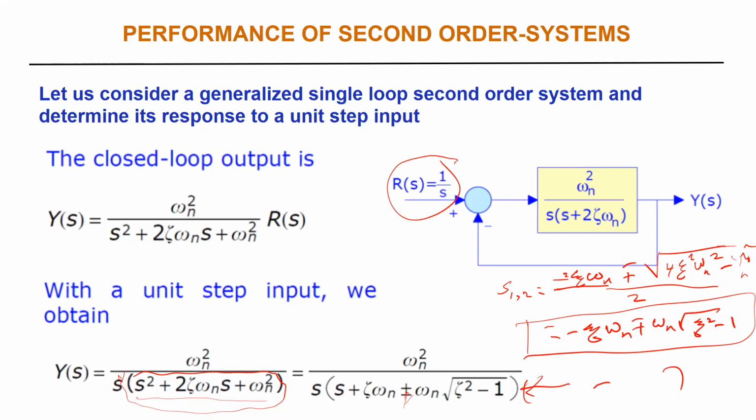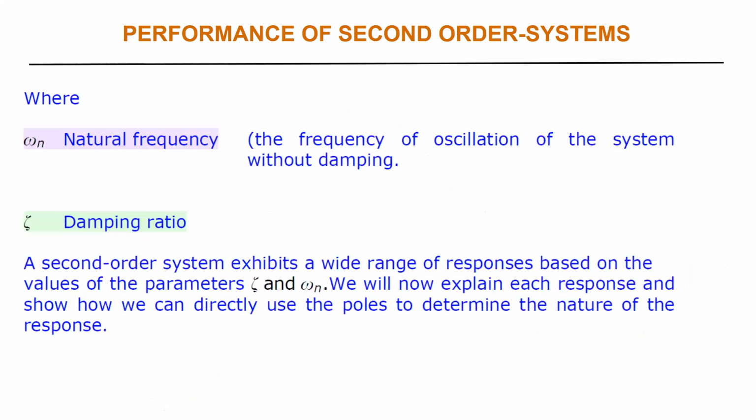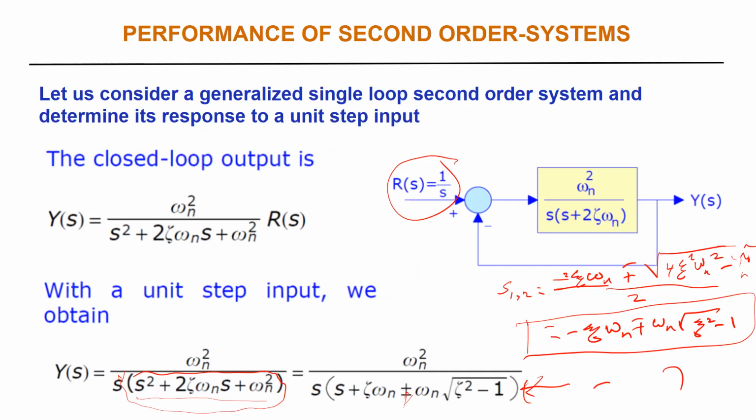So basically, we said omega n we call the natural frequency, and zeta is the damping ratio. What is damping? What's the damping ratio in a system?